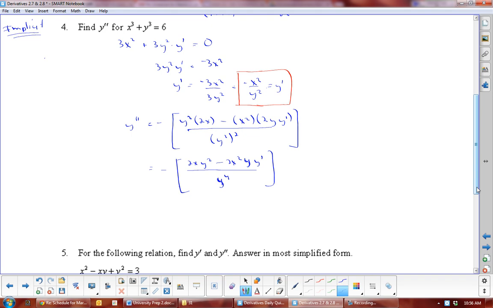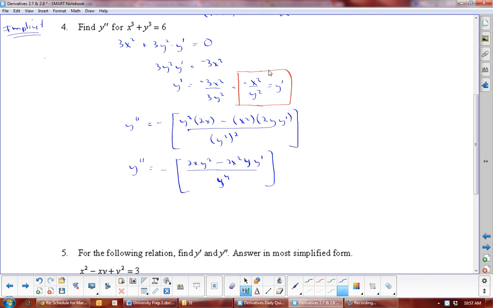And then there'd be some y's to cancel, right? There's also one other thing. If they gave me a point right now, could I find the value of the second derivative? Because I have y prime. But do I know what y prime is? Right there. Okay? And that's why I put that box around it.